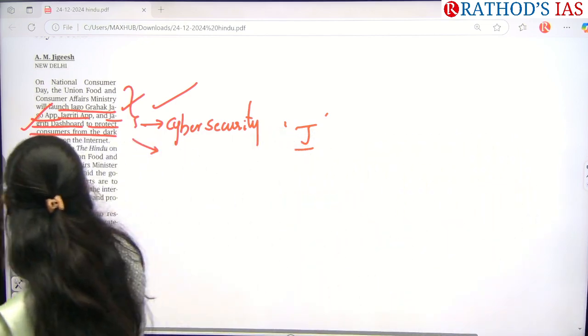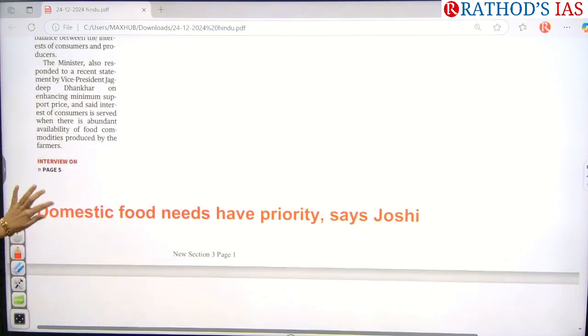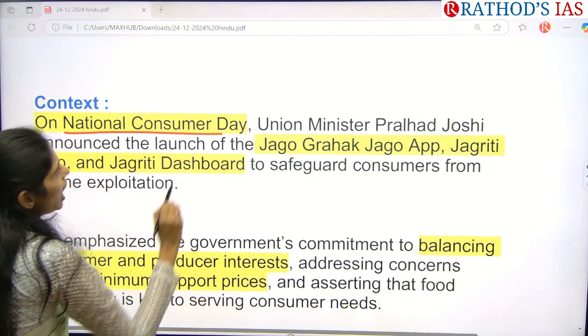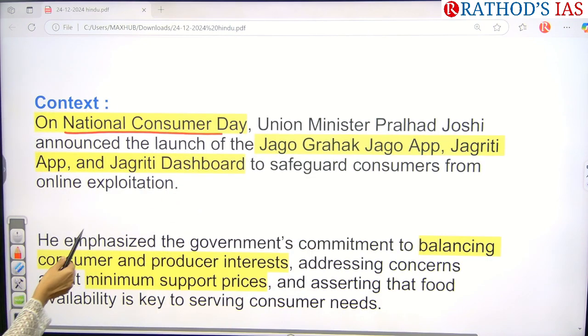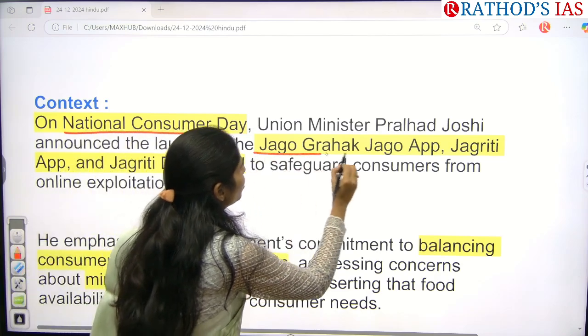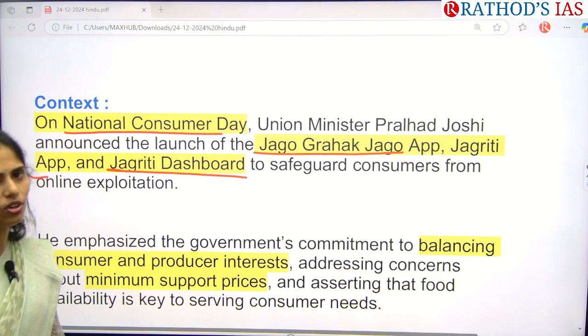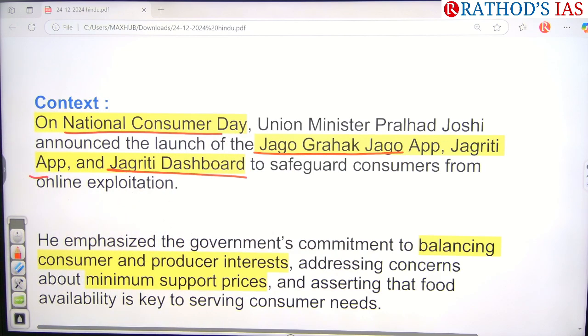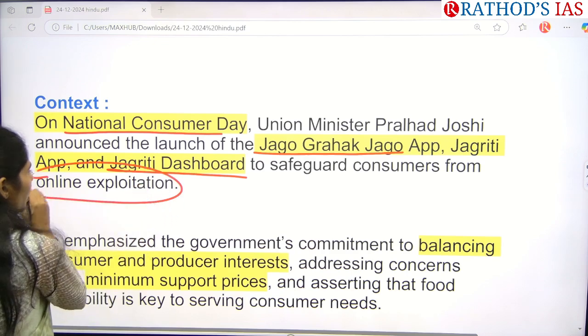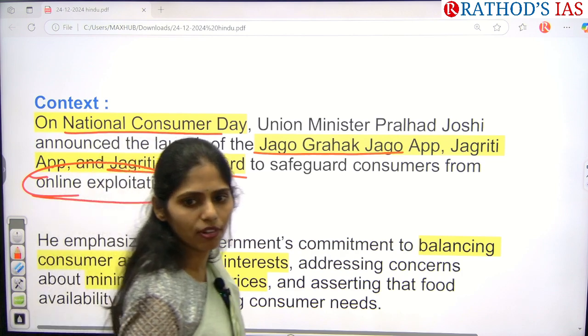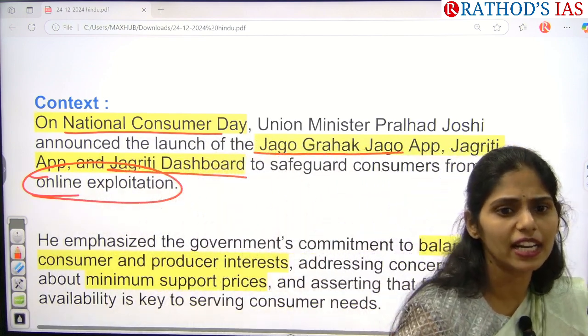Okay, now let us see what exactly this article says. On National Consumer Day, our Union Minister announced the launch of the Jago Grahak Jago app, Jagriti app and Jagriti dashboard, to safeguard consumers from online exploitation. Here we are saving people from online exploitation, especially regarding food products.